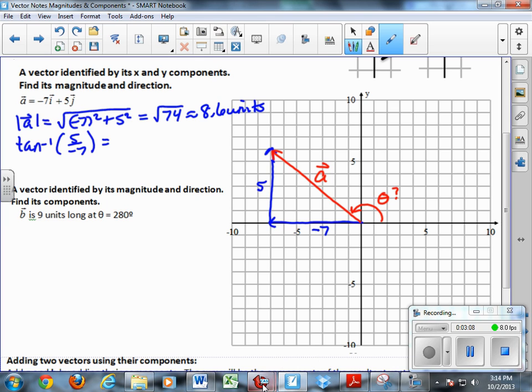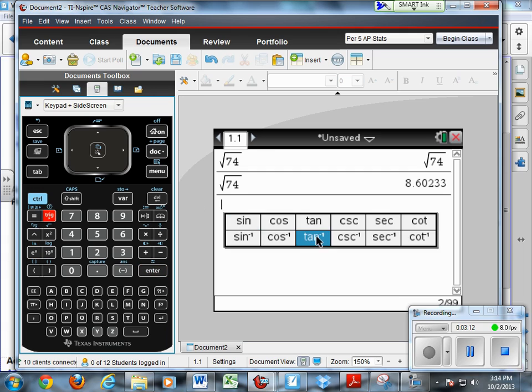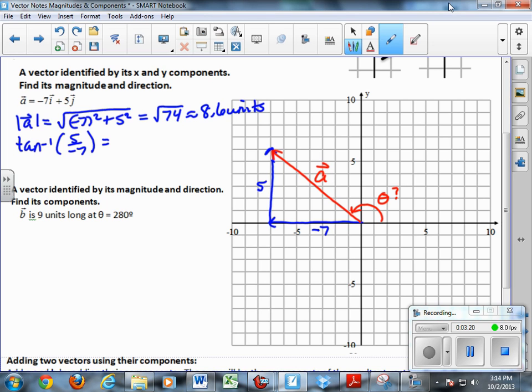So if I do this on my calculator, inverse tangent of 5 divided by negative 7, I get negative 35.5 degrees. Now, where is that? That's actually down here.